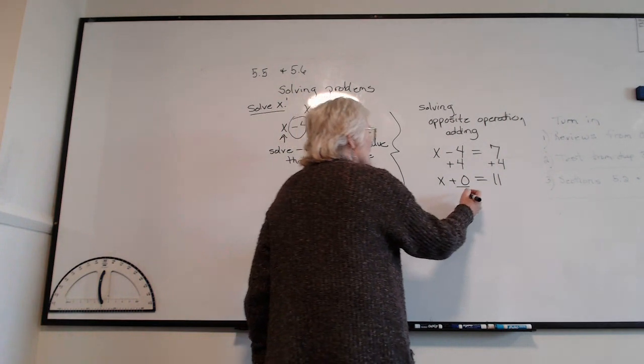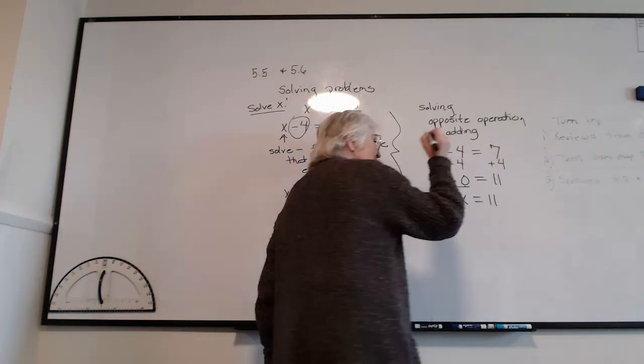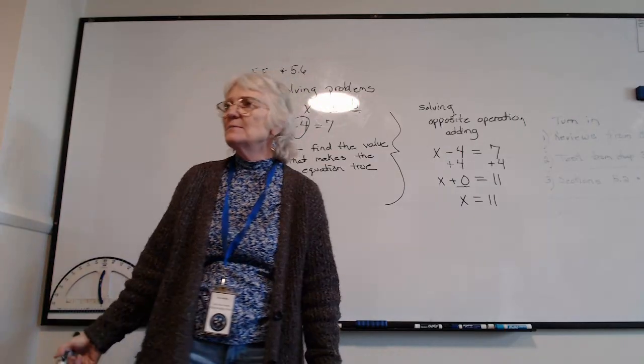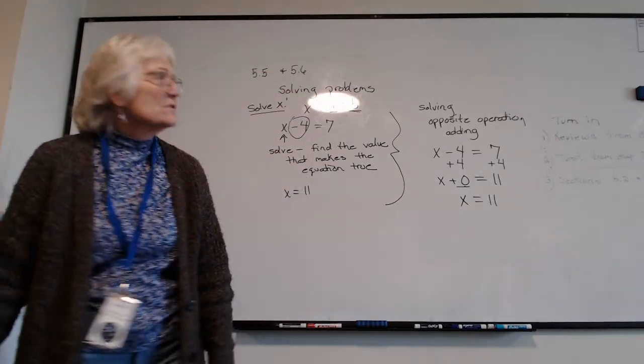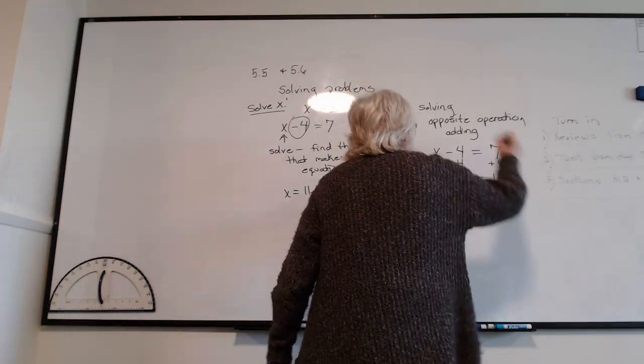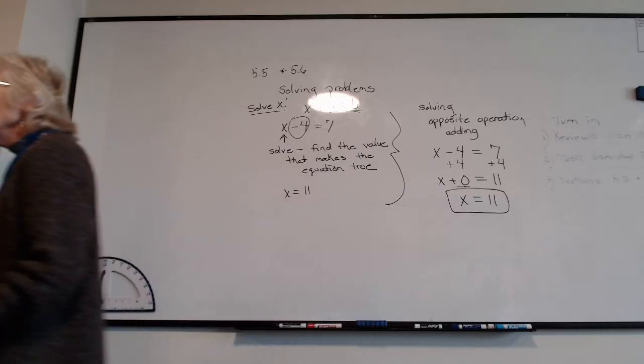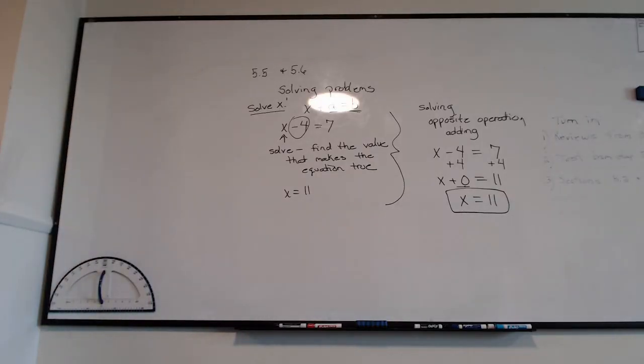I could just write x equals 11, because if I add anything to 0, it's going to be what it was to begin with. So notice we got the answer. This is doing it algebraically because we know what to do on both sides. And when you get to more complicated problems, these things become very important to realize how to do it.